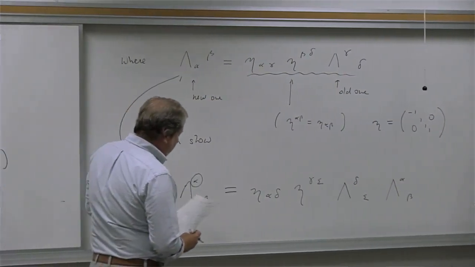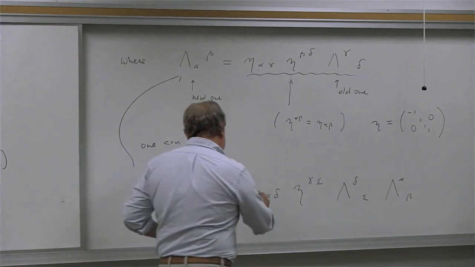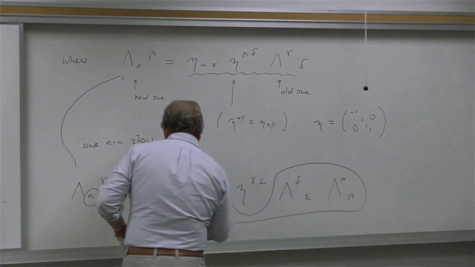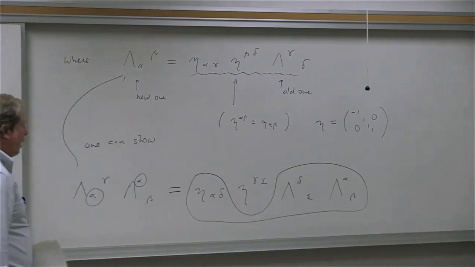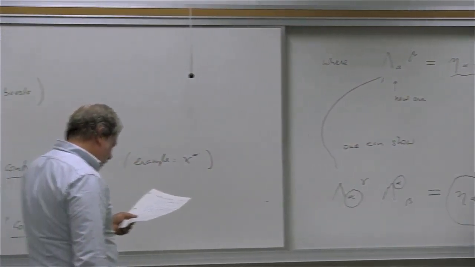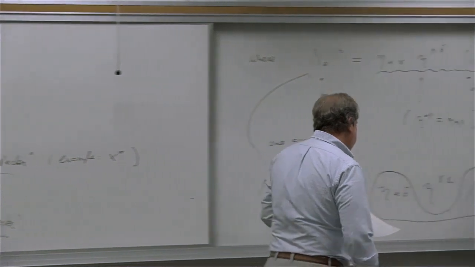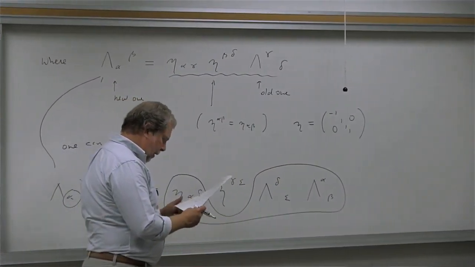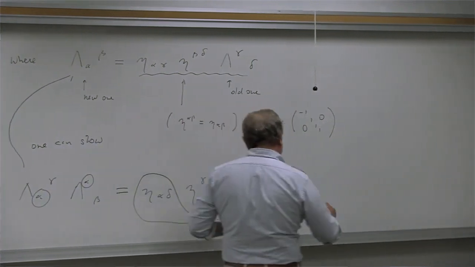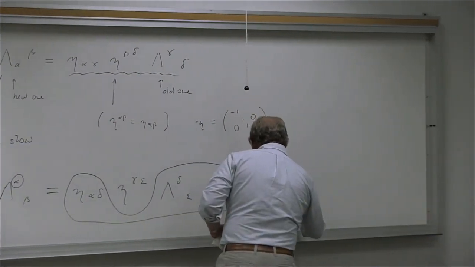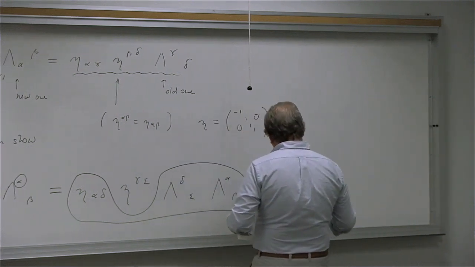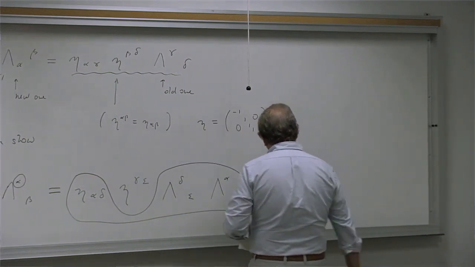And, well, that is precisely, if you look back a couple of blackboards, exactly the expression that we called eta epsilon beta. So this is equal to eta epsilon beta times eta gamma epsilon, right?